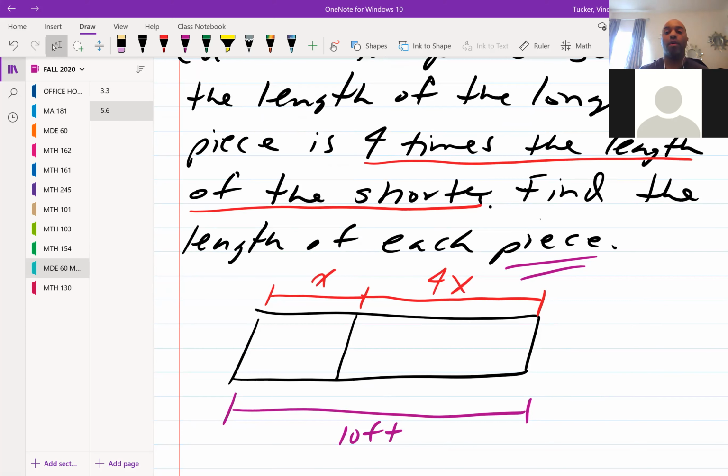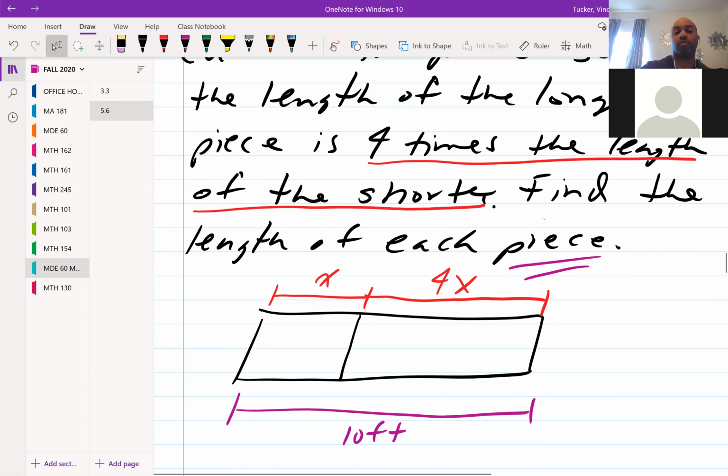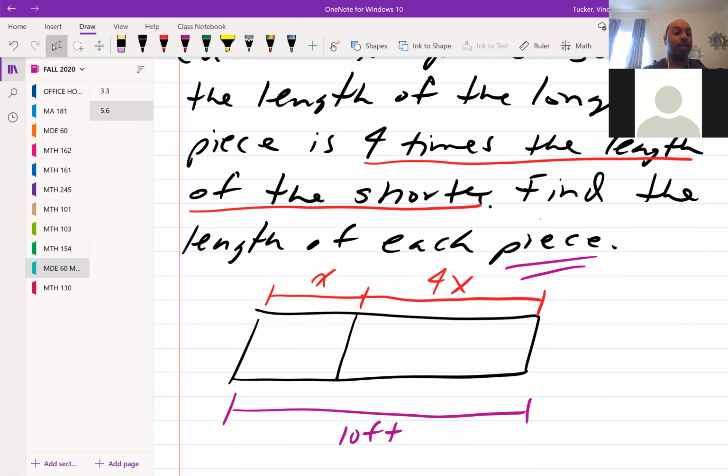Notice how it says the longer piece is 4 times the length of the shorter. So the longer piece is being described in terms of the shorter piece. The shorter piece we let be X, and then we describe the longer piece in terms of X, which is 4 times X. From there, we know the board altogether is 10 feet, so both pieces should add up to 10 feet.